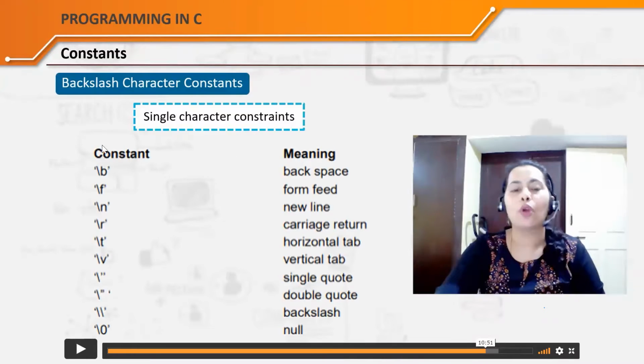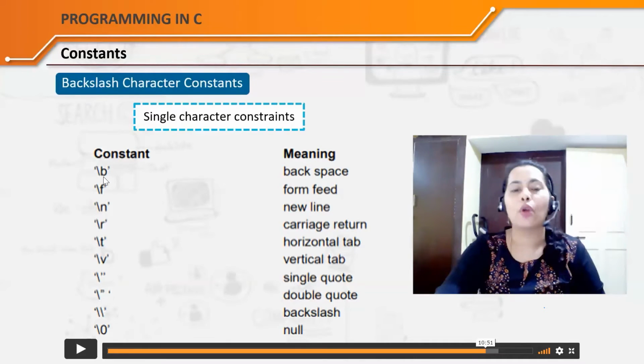So now, backslash b, what it does: let's say you wrote a line, hello world. Just after you finish writing world, if you use this, when you execute your program, it will move the cursor. By default the cursor should be after world, where world has ended.